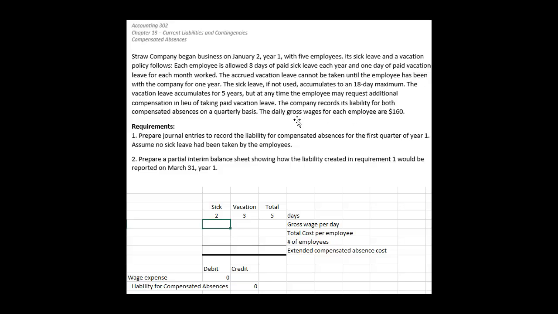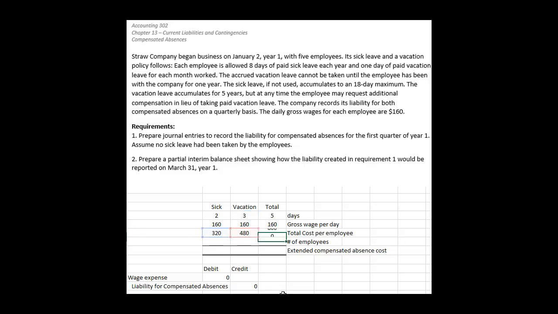So we're told here the daily gross wages for each employee is approximately $160. So per day, I'll put this in here, they're going to earn $160. That means when they take the time off, that will pay them $160 per day, per employee. So the total cost per employee for the sick pay is the number of days times the wage per day, $320 for the sick, $480 for the vacation.